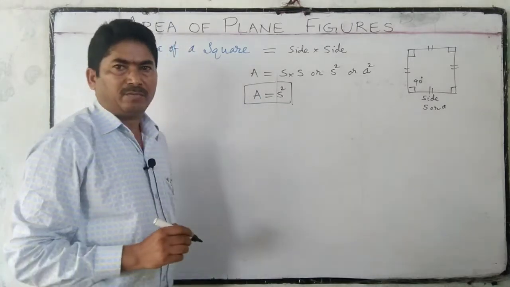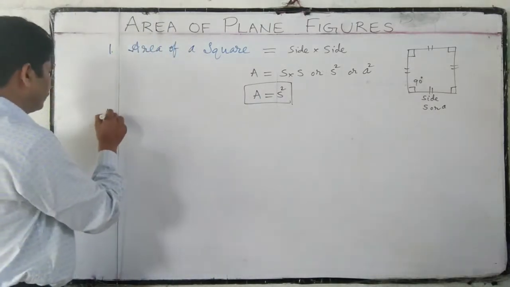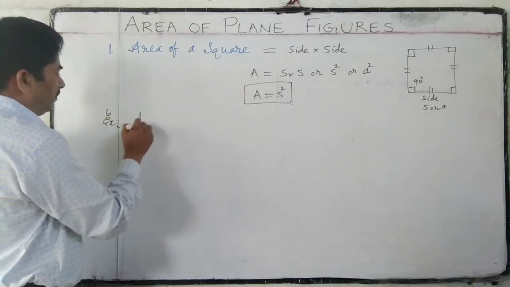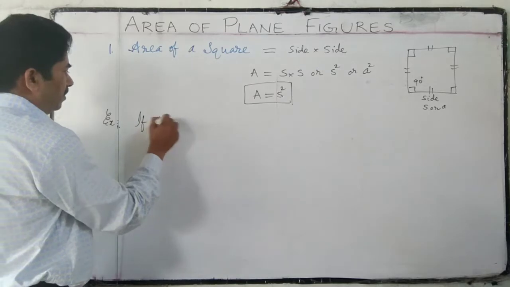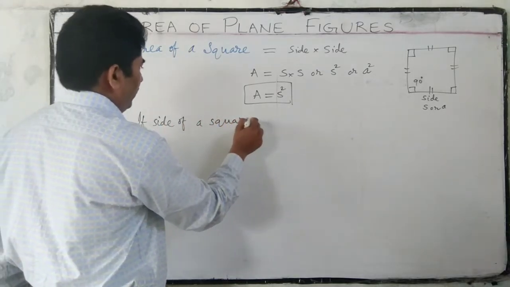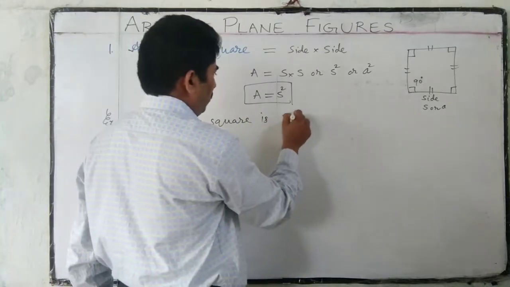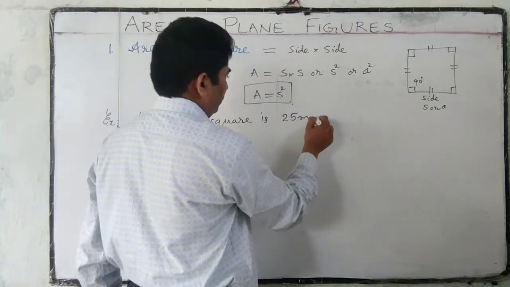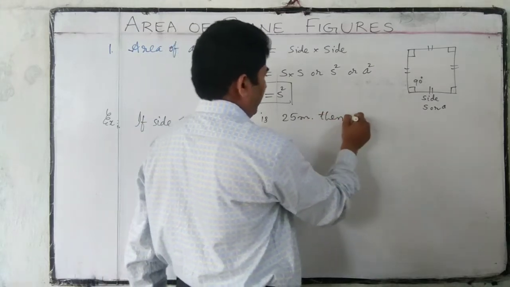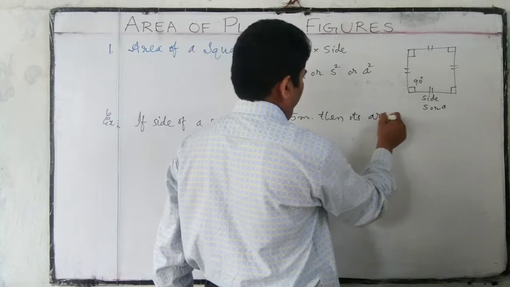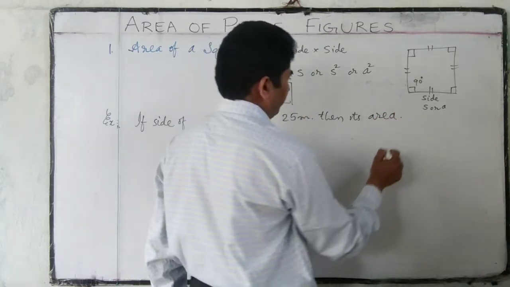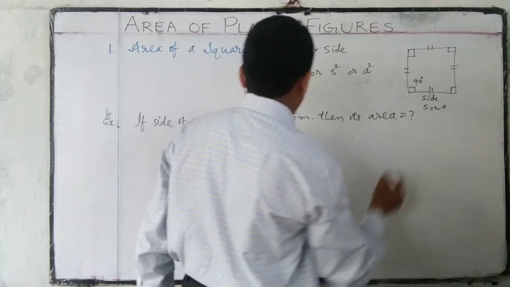Let us observe one example. If a side of a square is 25 meters, then its area is equal to how much?